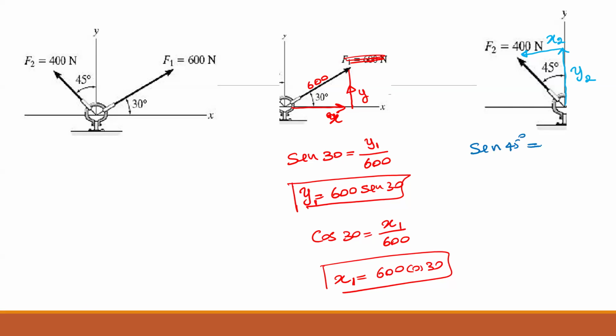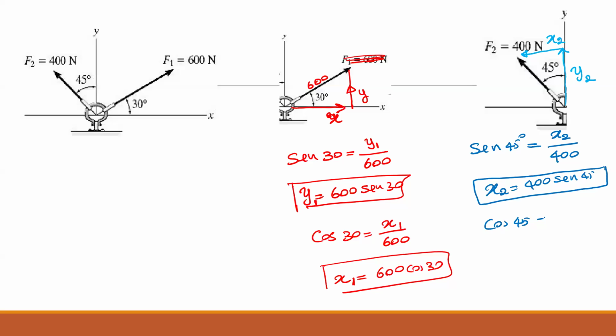That's x2 over 400. So your x2 is 400 times sine 45. And if you write cos, that is y2 over 400, which is y2 equals 400 times cos 45.